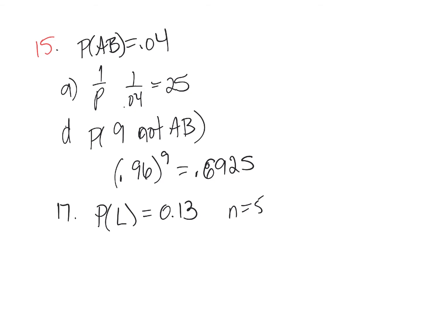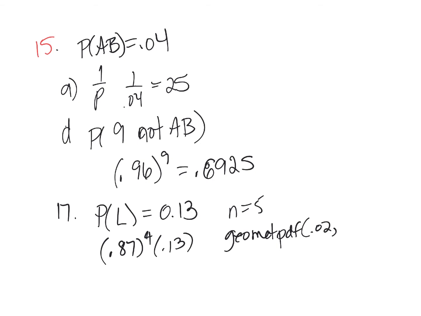That's geometric. So 0.87 to the 4th, right? 4 failures, and the 5th one is a success. Your calculator command is geometpdf because I just want a single value. I don't want to know if it's among the first 5.